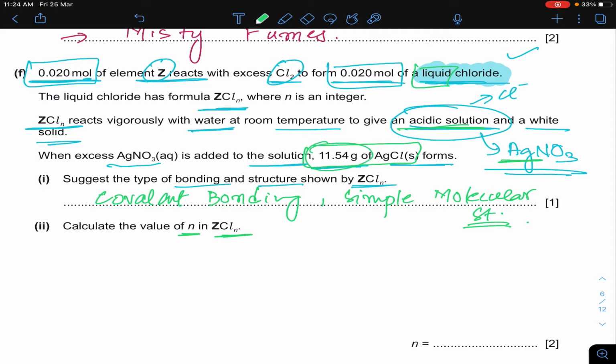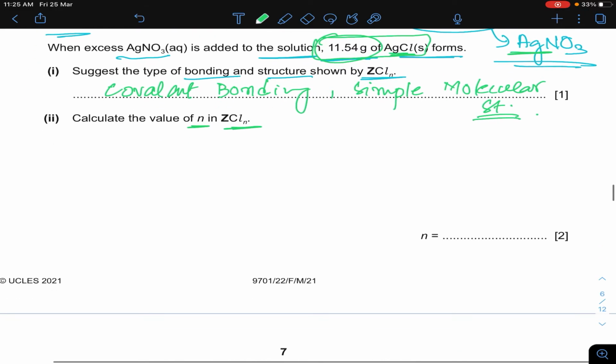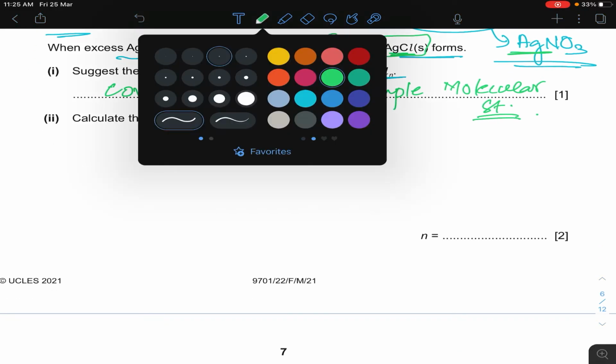If we calculate the moles of silver chloride, that gives us the moles of chloride ions, because in AgCl all the chloride is coming from this acidic solution, and in this acidic solution the chlorides come from when we reacted with Z. So let's first calculate the moles of silver chloride.